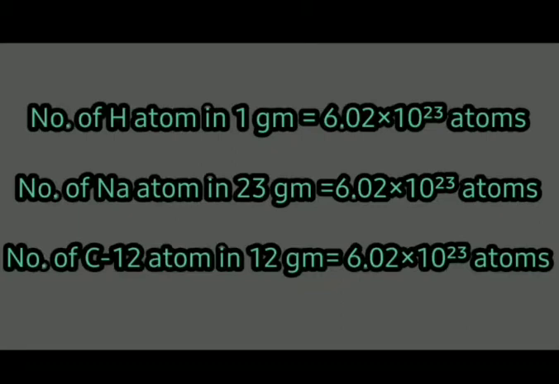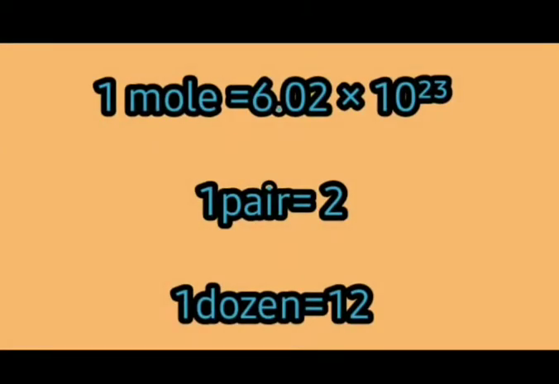So here, what you find now? 1 mole equal to 6.02 into 10 to the power 23 atoms. Just like 1 pair equal to how much? 2. If I say 1 pair of shoes, then how many shoes? That is 2. If I say 1 dozen of eggs, then what you say? That is 12 eggs. But now I will ask you, give me 1 mole of eggs.